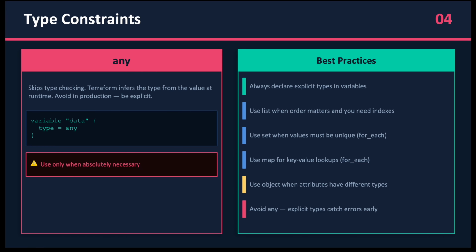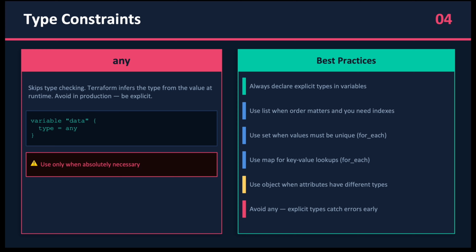Next is type constraint any. A quick one: any skips type checking entirely. Terraform figures out the type at runtime. Sounds convenient, but avoid it. When you use any, you lose Terraform's ability to catch type mismatches early. You will get weird errors at apply time instead of a clear message at plan time. The best practices are these. Always declare explicit types in variables.